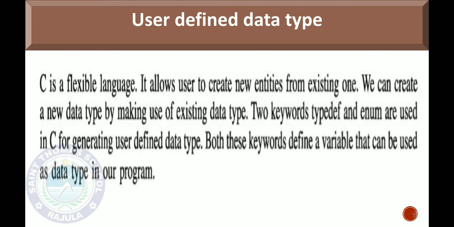In C, for generating user defined data types, both these keywords define a variable that can be used as a data type in our program. With the help of these keywords and our existing data types, we can create variables, and then use them as a data type in our program.